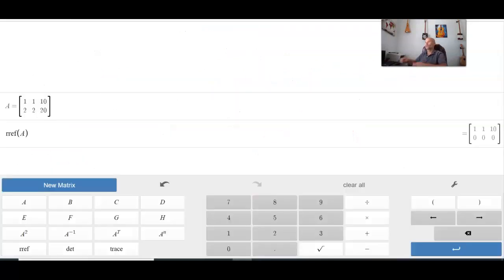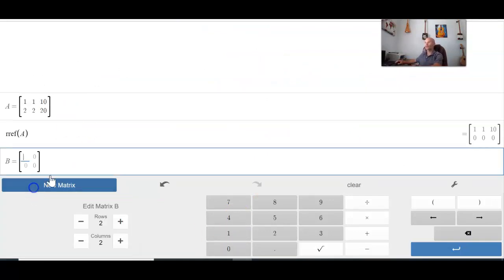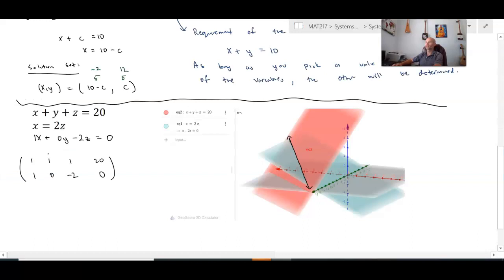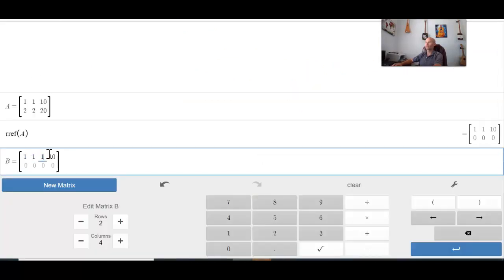Come back over to our utility here and set up a matrix with 4 columns, 2 rows. We have 1, 1, 1, 20. And then we have 1, 0, -2, 0.